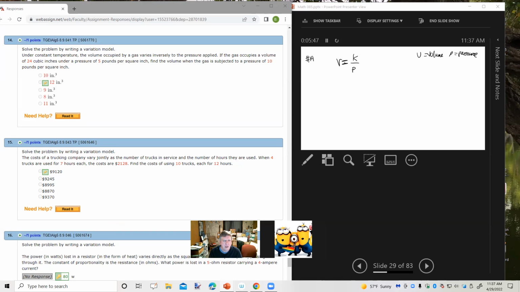If the gas occupies a volume of 24 cubic inches under a pressure of 5 pounds, we multiply both sides by 5 and k equals 120. Find the volume when the pressure is 10 pounds per square inch. So that would be 12 cubic inches.